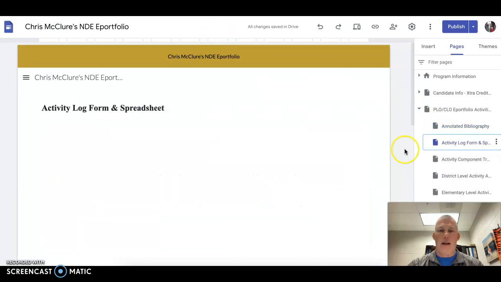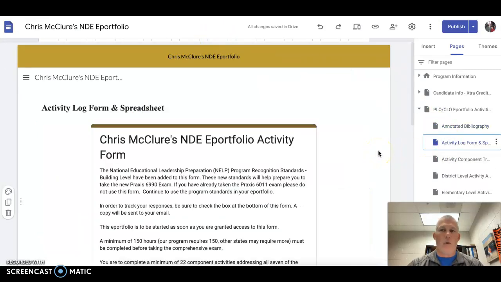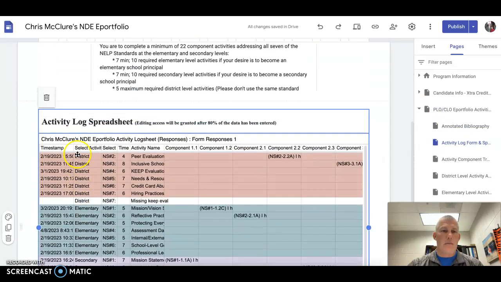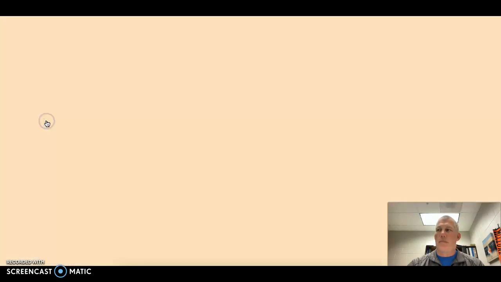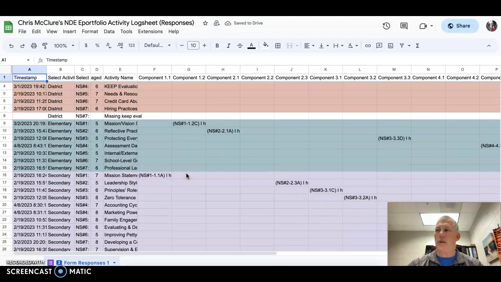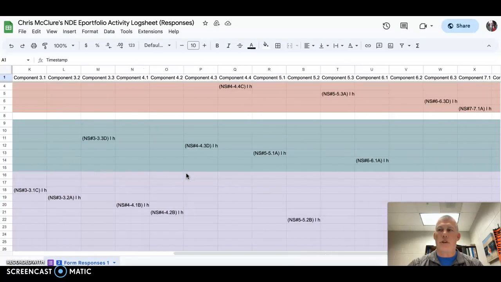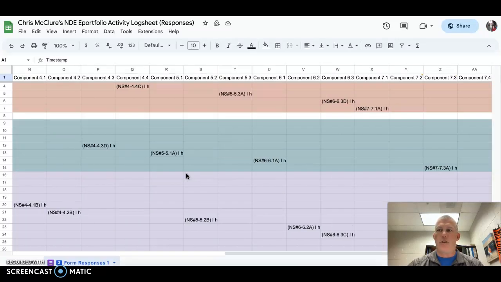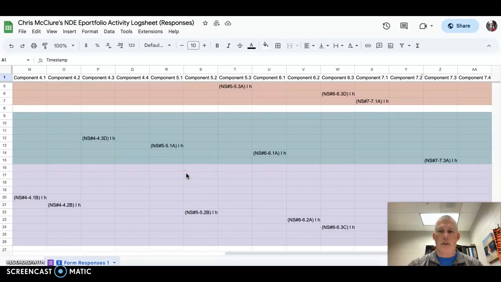Next, I have my activity log form and spreadsheet, and I use this form and spreadsheet to document the artifacts that I mostly created during the program courses as evidence for each program learning outcome component.